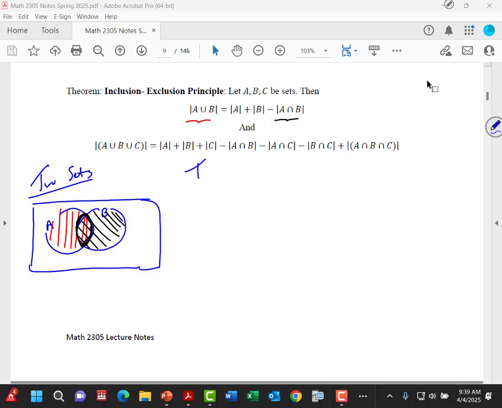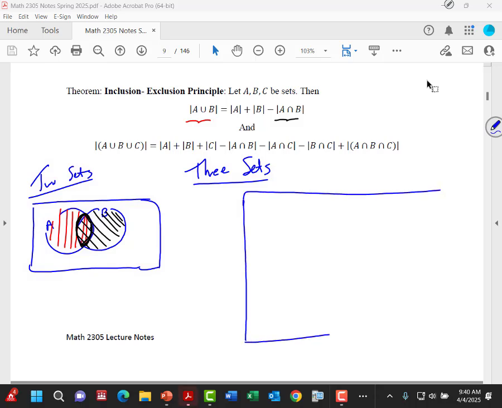If I looked at it for 3 sets, the Venn diagram grows. So if I have 3 sets, they could intersect as follows.